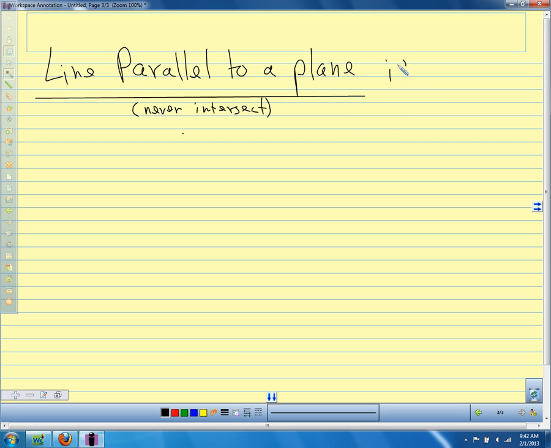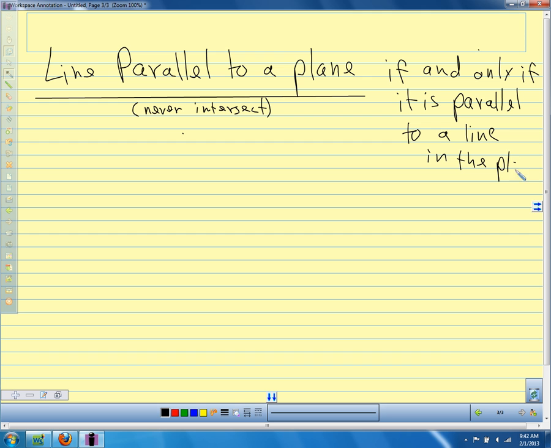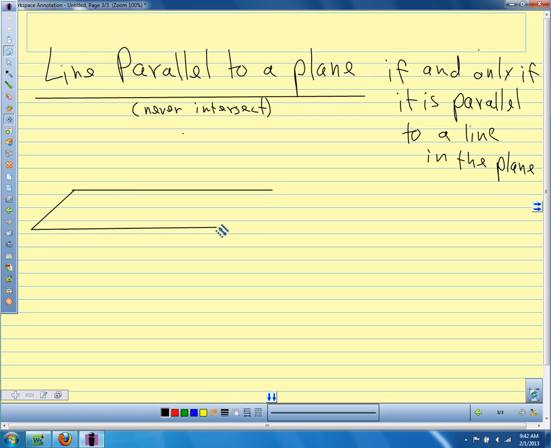If and only if it's parallel to a line in the plane. So our picture there would be, here's my plane. Here's my line.